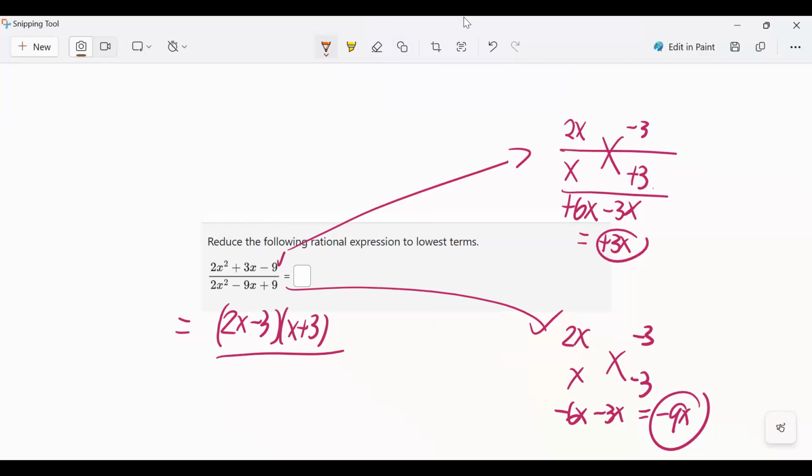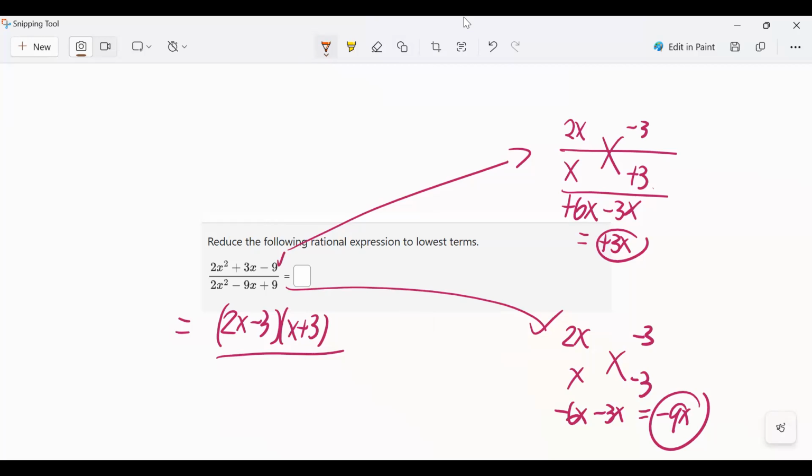So first of all, when we factor the top, we get 2x and x. Break down negative 9 as negative 3 times 3. When we cross multiply, you get 6x minus 3x, which is positive 3x. That's for the top.